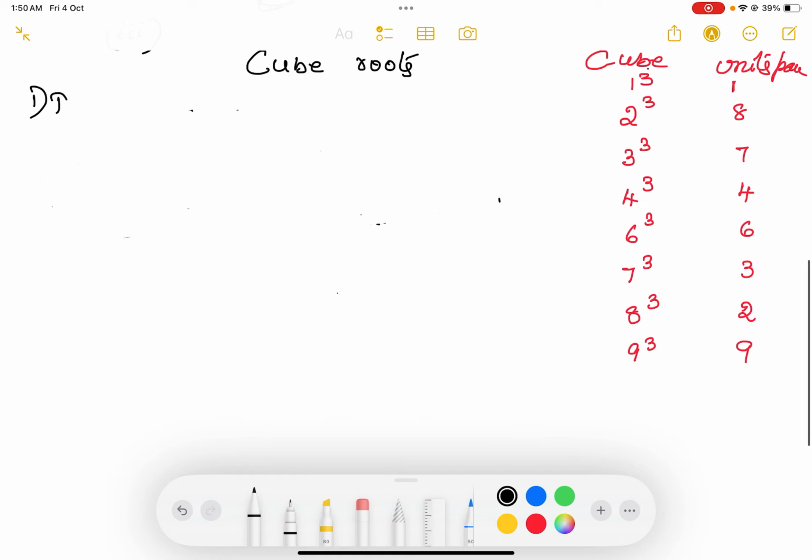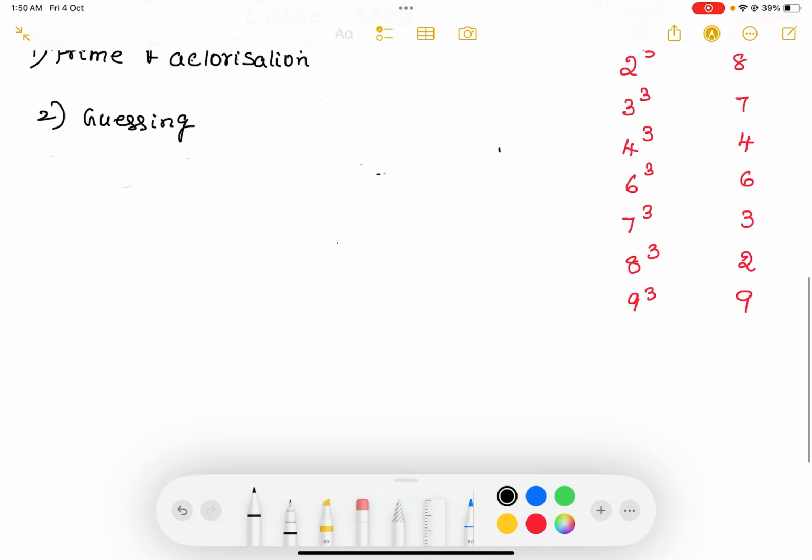One is prime factorization, which is a well-known method for all of us. The other is guessing: by using some strategy we guess the cube root of a perfect cube. So that can be done.